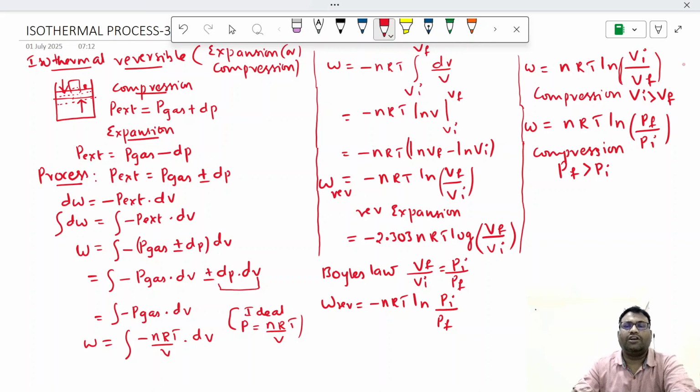So log of more by less gives you a positive value. Positive into positive gives you positive. So compression work is positive and expansion work is negative. So that is about the formulas which are used to calculate work done during a reversible process.